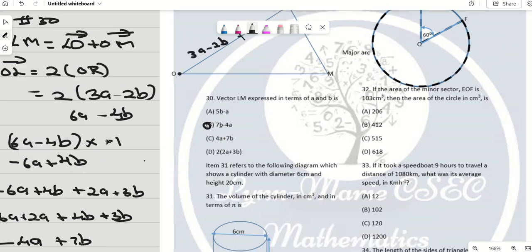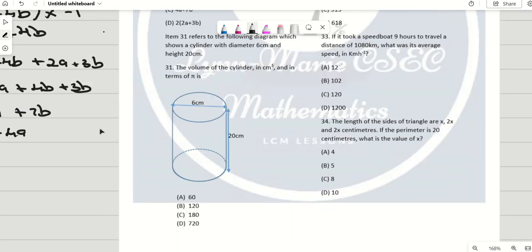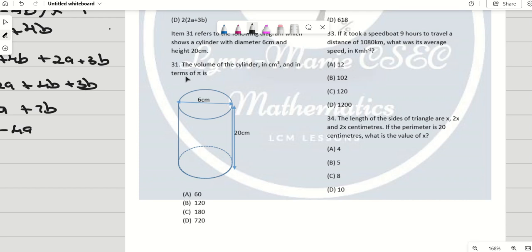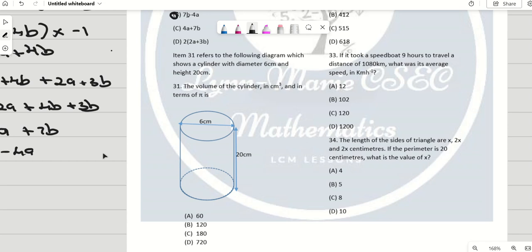Alright, let's look at number 31. This question was done several times. But if you do not know the formula for the volume of a cylinder, again and again I will tell you, these formulas are found in the formula sheet in your multiple choice past paper.